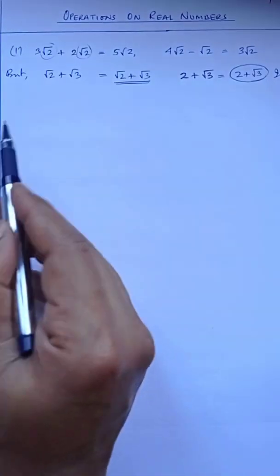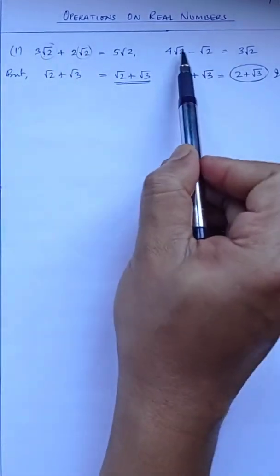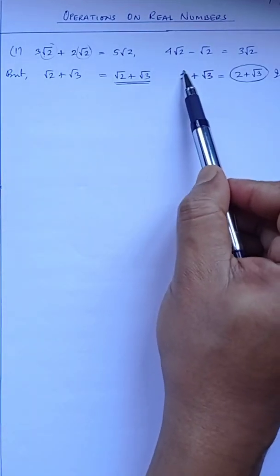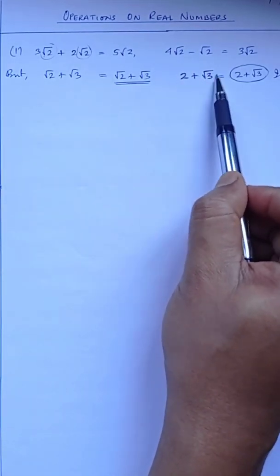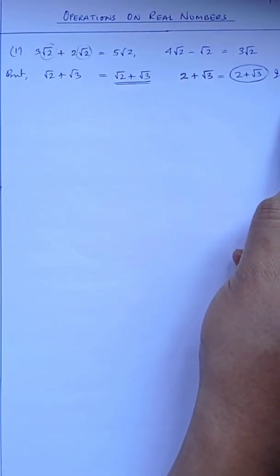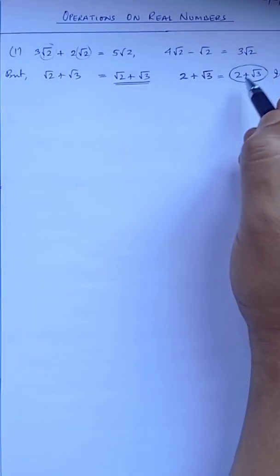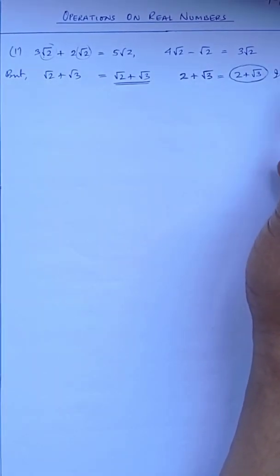You have to know this. All these are irrational. Here we have one number that is rational, but rational plus irrational, the sum is irrational. This has to be kept in your mind. Okay. Now this is irrational, as I said.